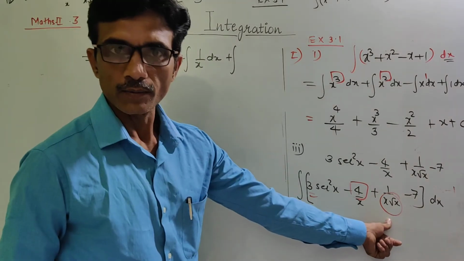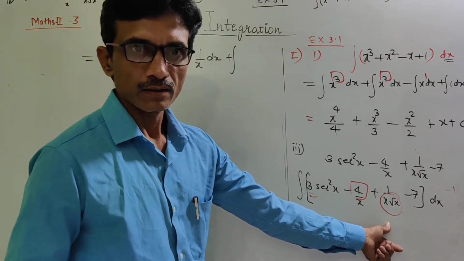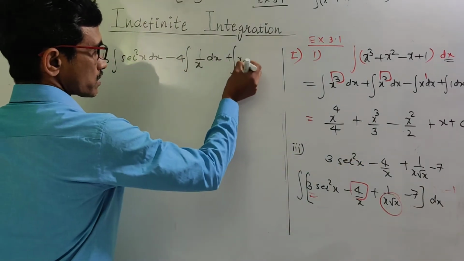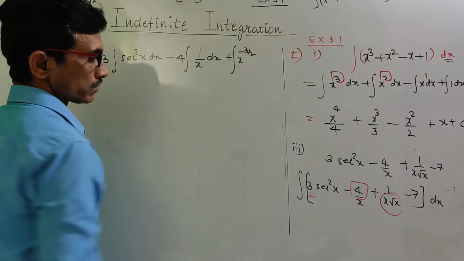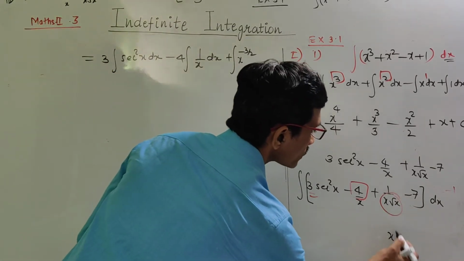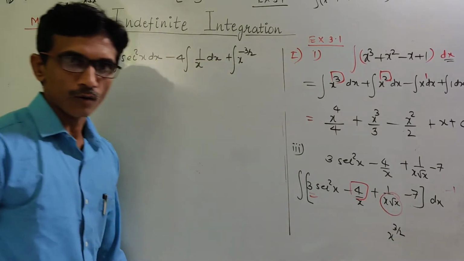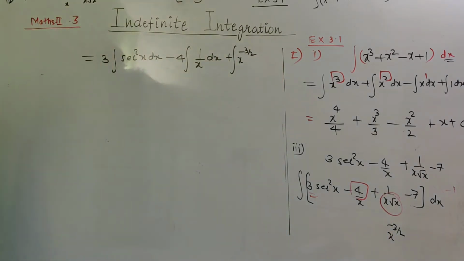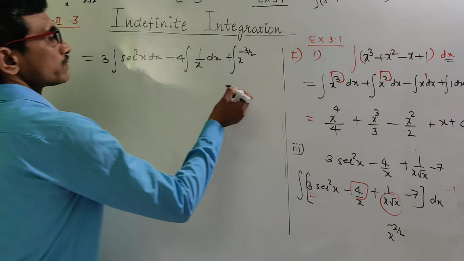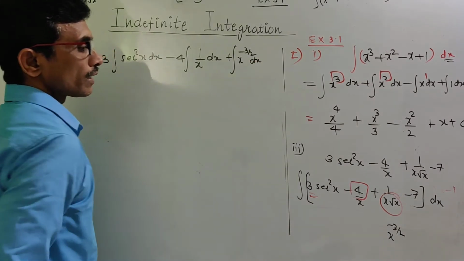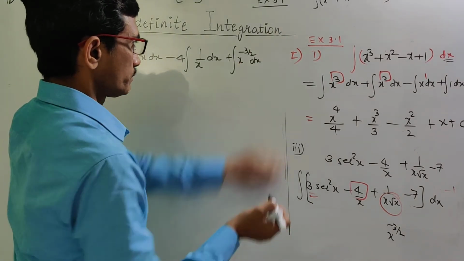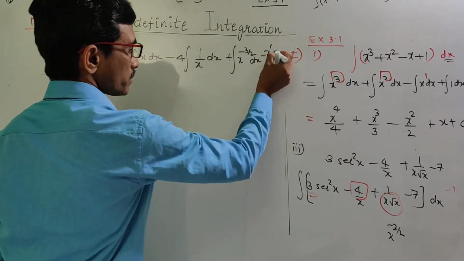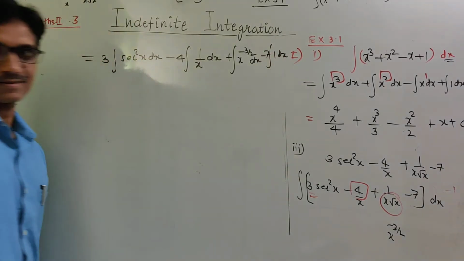Now x raised to power 3 by 2 in the denominator, तो ऊपर आएगा न्यूमरेटर में माइनस होगा, x raised to power minus 3 by 2. This is x raised to power 3 by 2 in denominator, so it goes in numerator as minus 3 by 2, dx, and minus 7 integration of 1 dx.